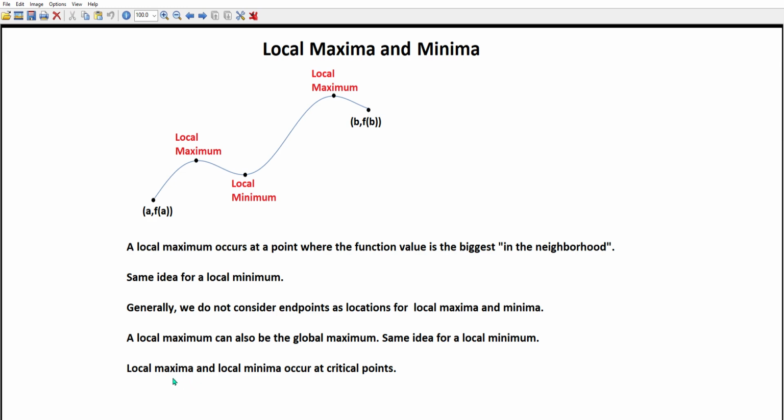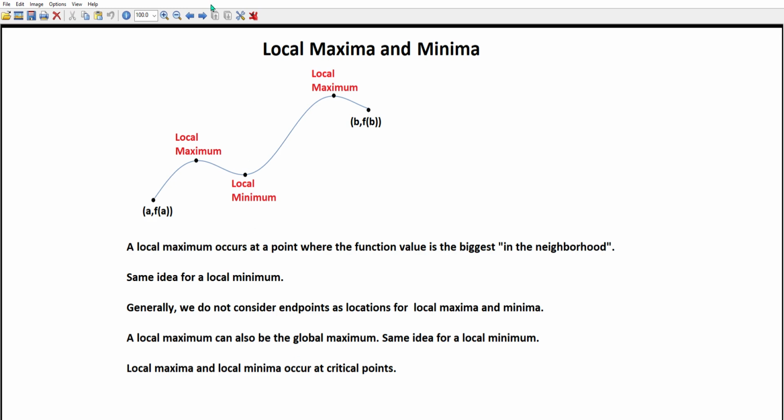However, local maxima and local minima always occur at critical points. So when we hunted for global maxima and global minima by looking for critical points, we were also finding locations where there might be local maxima and local minima.